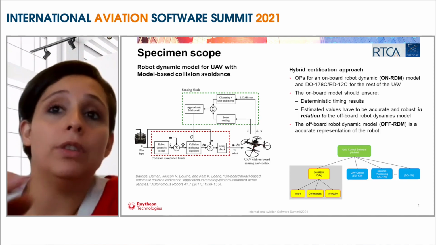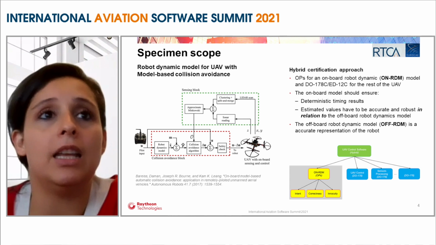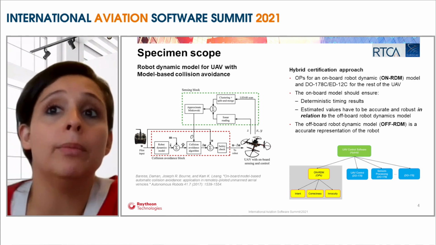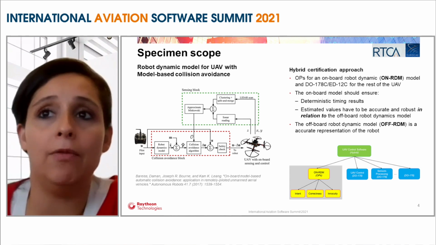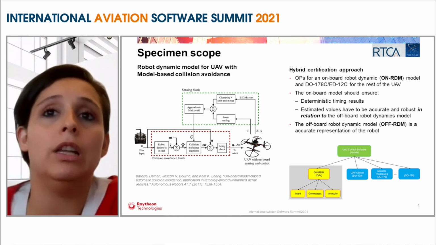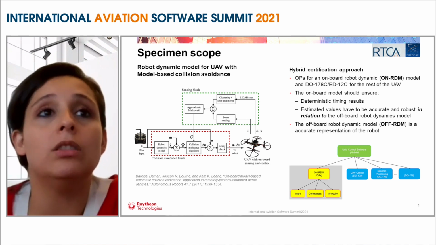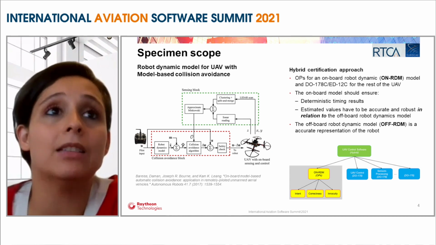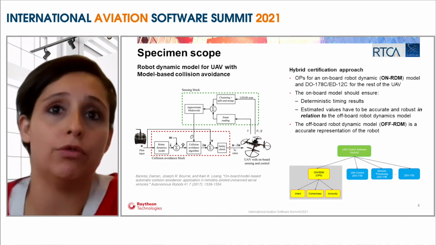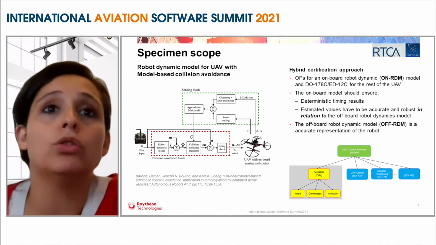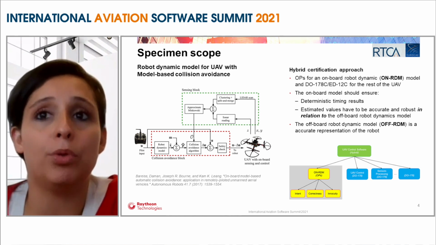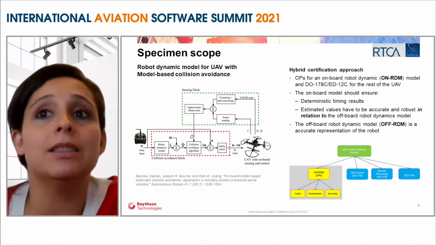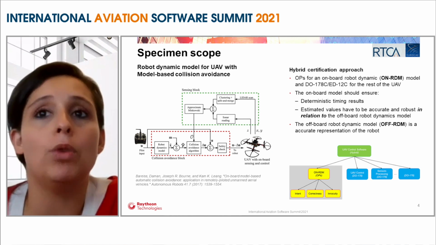The specimen of this industrial case study is a UAV, an unmanned aerial vehicle that has a collision avoidance algorithm. This algorithm uses an onboard model that predicts the dynamic behavior of the robot. We propose to use a hybrid approach that combines existing standards with OPs.